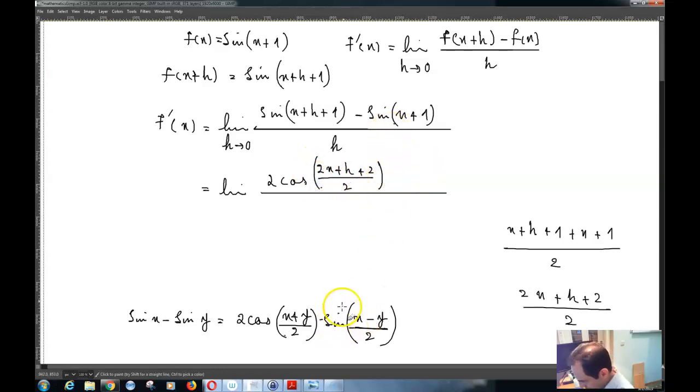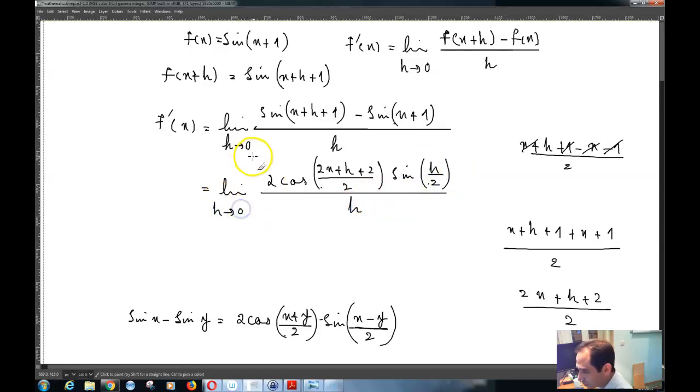And then I have sine of x minus y divided by 2, which is x plus h plus 1 minus x minus 1 divided by 2. And that is h divided by 2, over h, as h tends to 0.